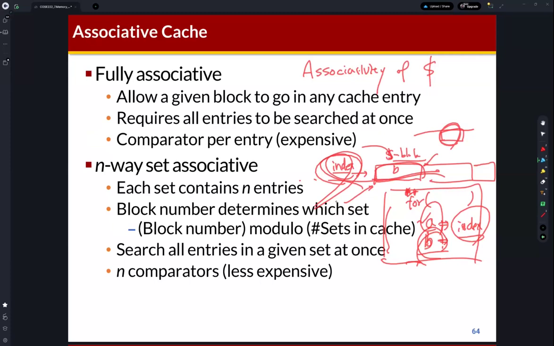I briefly explained about the associativity of cache, and then I explained about the performance issues of direct mapped cache. So what was the performance issue?